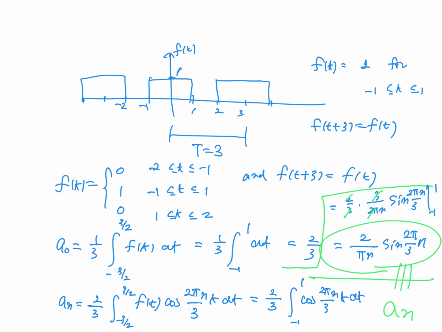Too complicated. Maybe I can copy. No. 2 over pi n. Correct. Yes, I forgot that. So sine 2 pi n over 3, right?